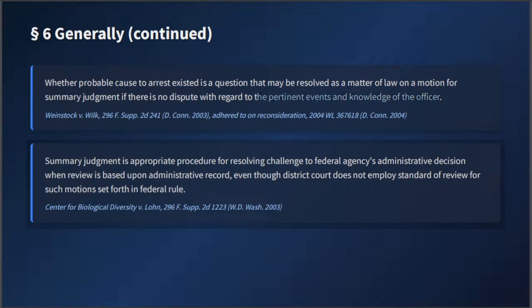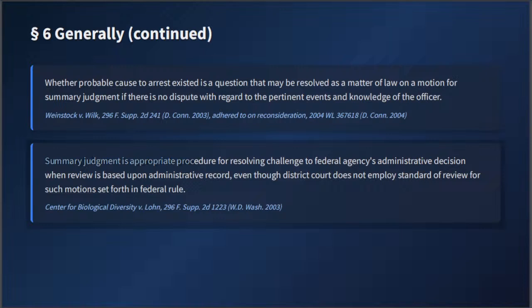So as we see here, probable cause plays out in the court, not usually at the scene. That's Weinstock versus Wilk, Connecticut 2003, adhered to on reconsideration 2004 in the District of Connecticut.